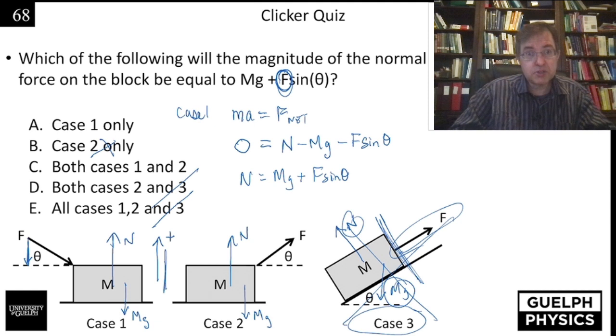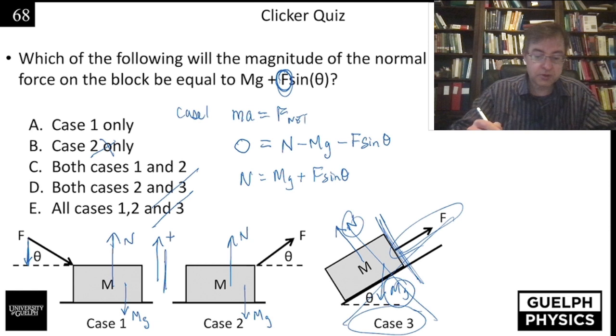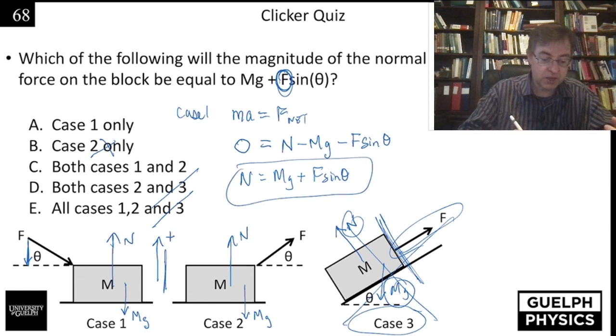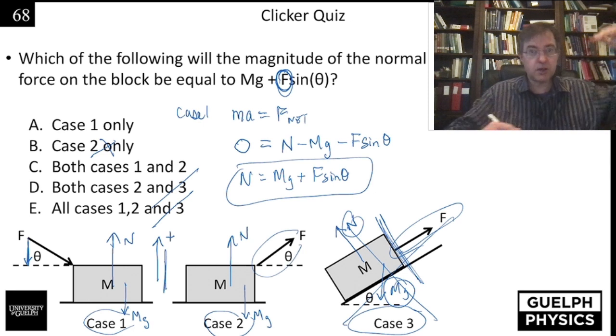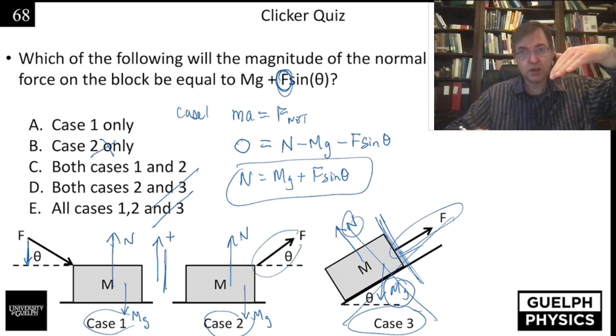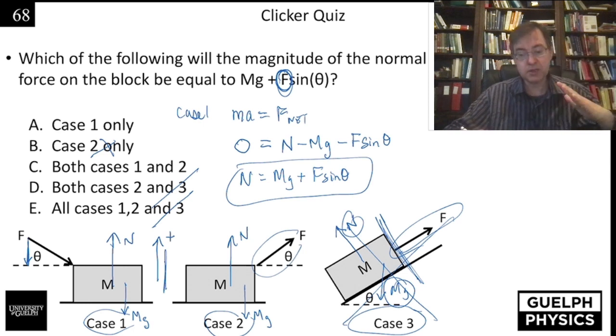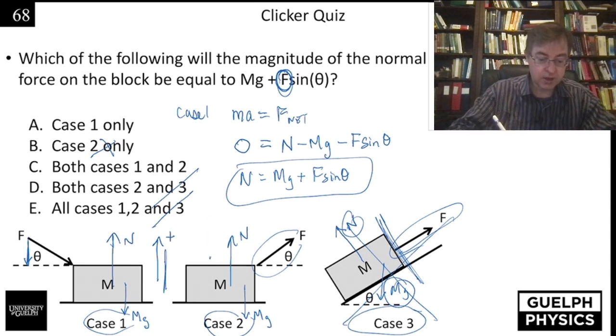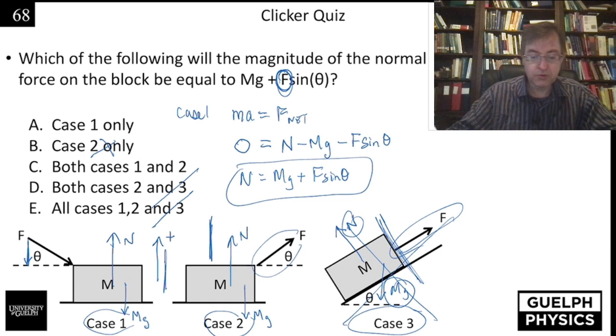But we now have to see whether case 2 also has this formula. The only difference between case 1 and case 2 is the direction of the force. In case 1, it's pointing diagonally downwards. In case 2, it's pointing diagonally upwards. So that's just going to change the sign of the vertical component of force.